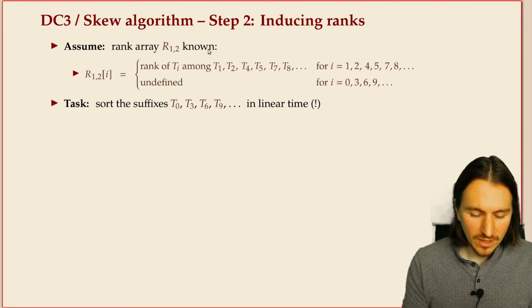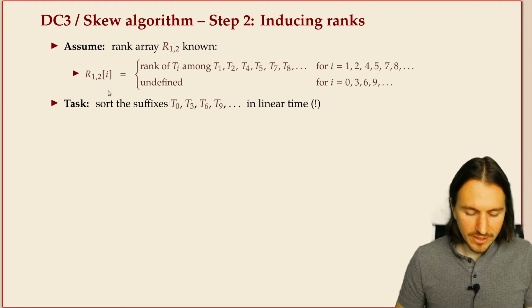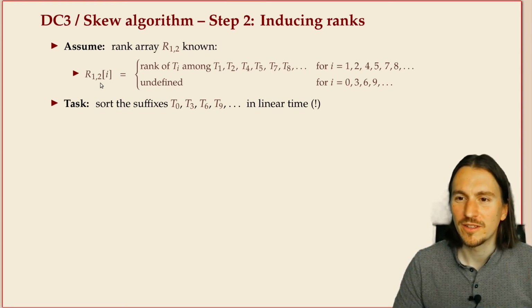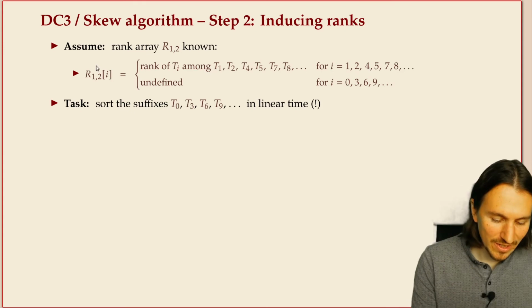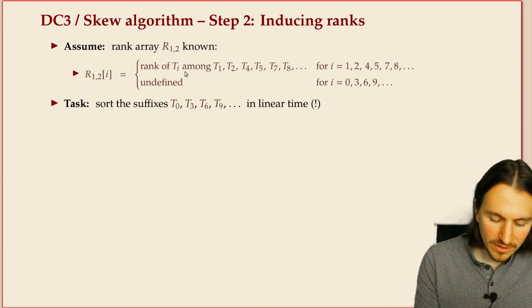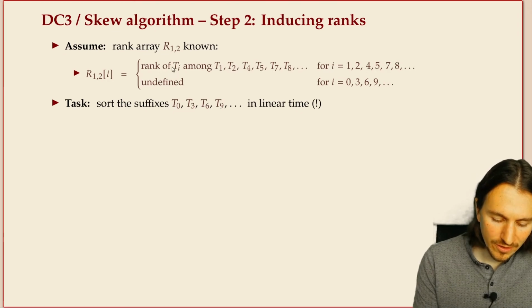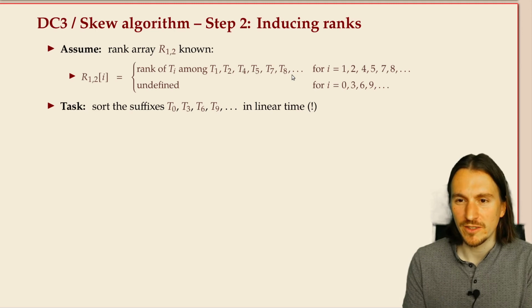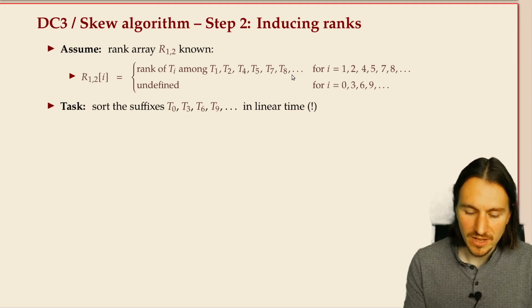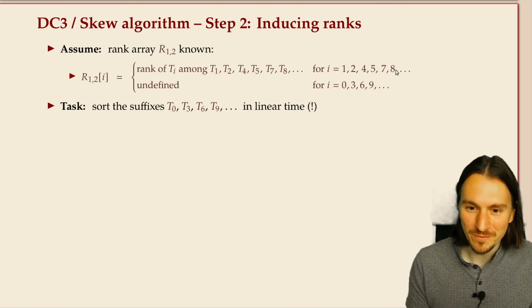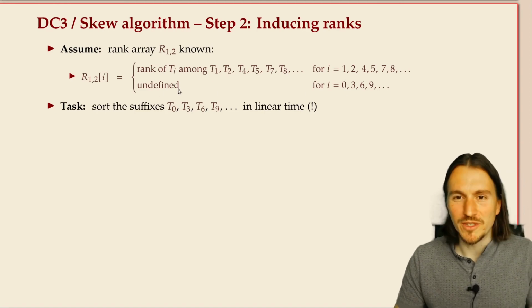Okay. A little more formally, what I assume here, just to make the notation nicer, is that this array R12 contains the rank of the suffix starting at i among those suffixes that do not start at multiples of 3, if i is such a non-multiple of 3, and for the other ones, we just never access this.